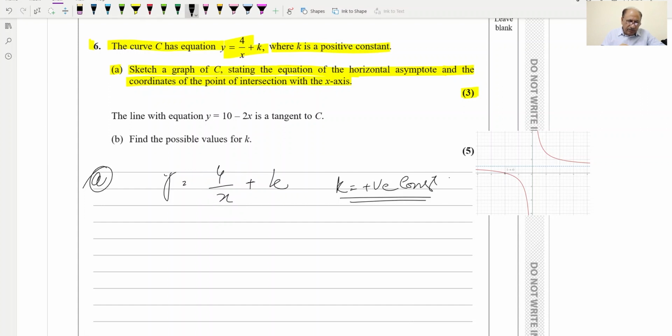So y is equal to k will be the horizontal asymptote. This will be our horizontal asymptote.